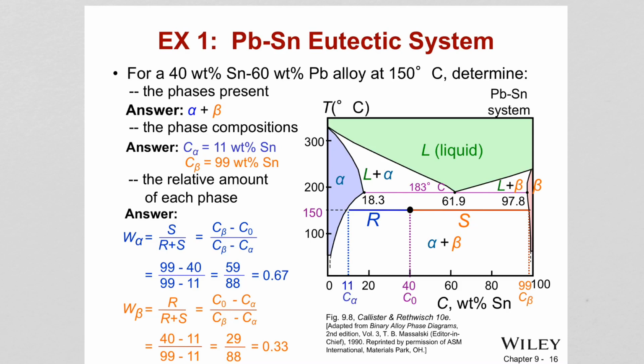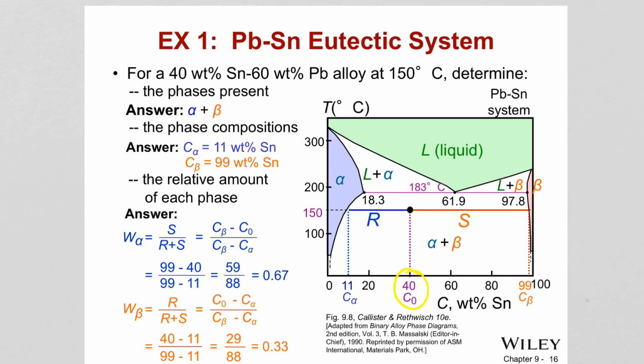So therefore, we need to look at the x-axis, and here you have tin, right? And 40% tin, then you need to look at the concentration of the tin to be able to read the x-axis, okay?